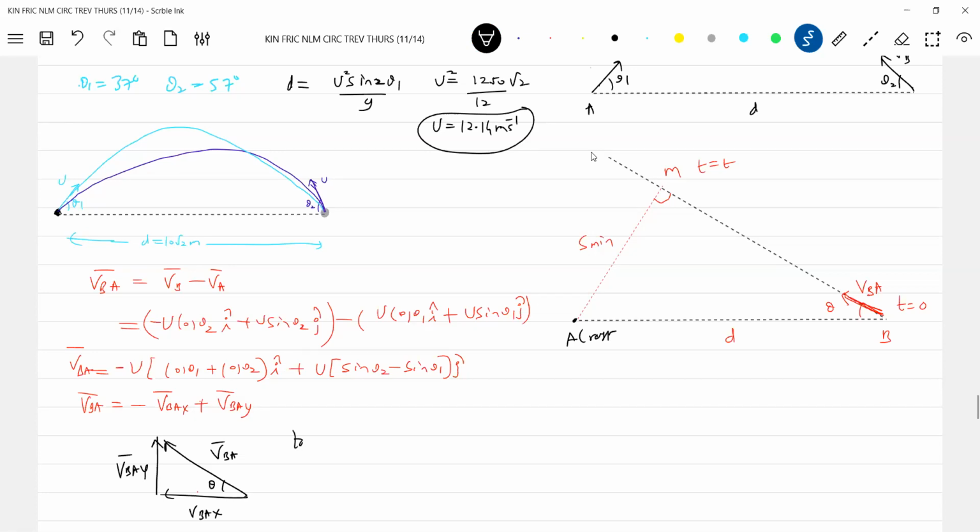So what is tan theta? Tan theta, or tan phi, I'll write it. Tan phi will be VBAy by VBAx. So this will become sine theta, okay, I'll get the tan phi.